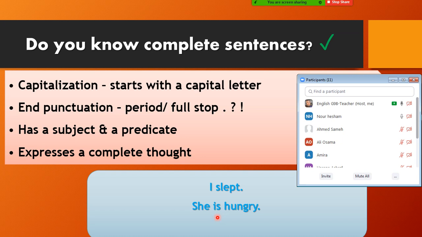What part of speech is "is" here? Predicate? No, we can't call it predicate. "Is" by itself, alone, is a verb. Yes, it's the verb to be.